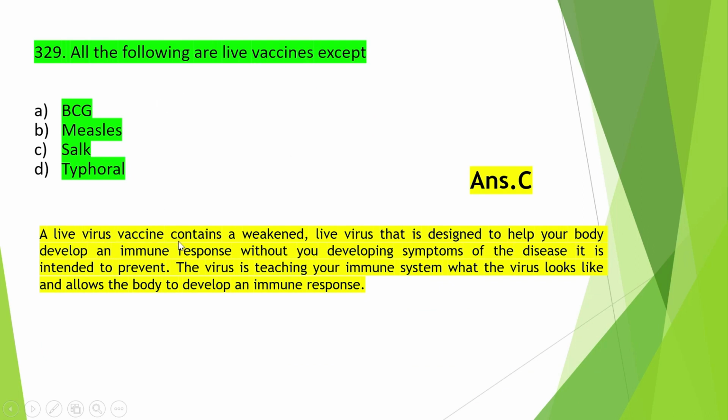A live virus vaccine contains a weakened live virus that is designed to help your body develop an immune response without you developing symptoms of the disease it is intended to prevent. The virus teaches your immune system what the virus looks like and allows the body to develop immunity.